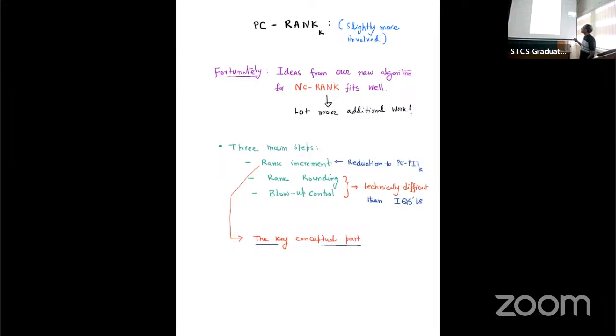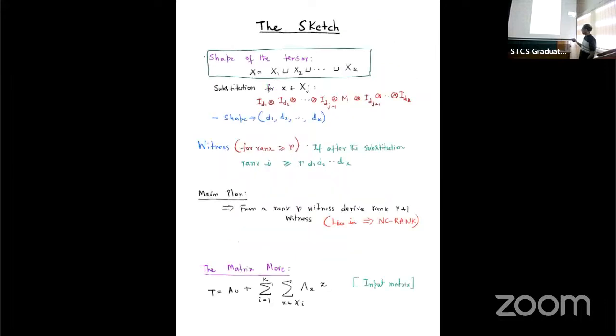And as you expect, the NC rank algorithm will change to this current setting, and we will roughly follow the three steps again: rank increment, rank rounding, and blow-up control. In a sense, this is only possible because of our PIT-based algorithm. For the other algorithms, the Wong sequence and operator scaling, we do not know how to tackle this problem. So here is a quick sketch.